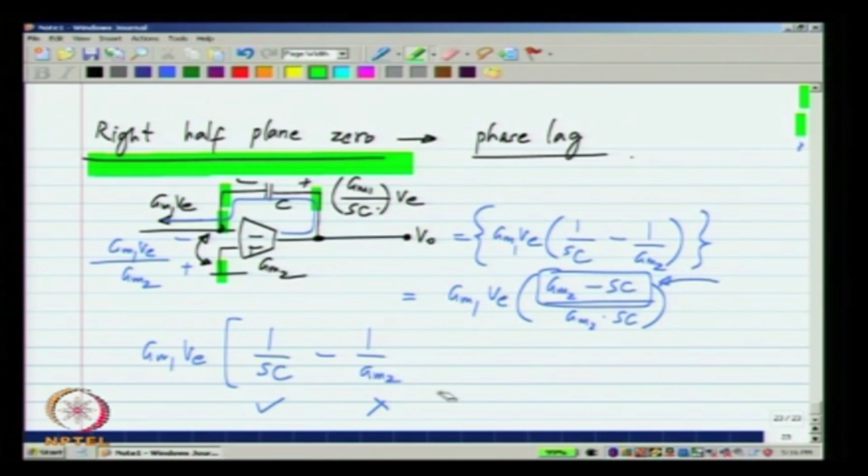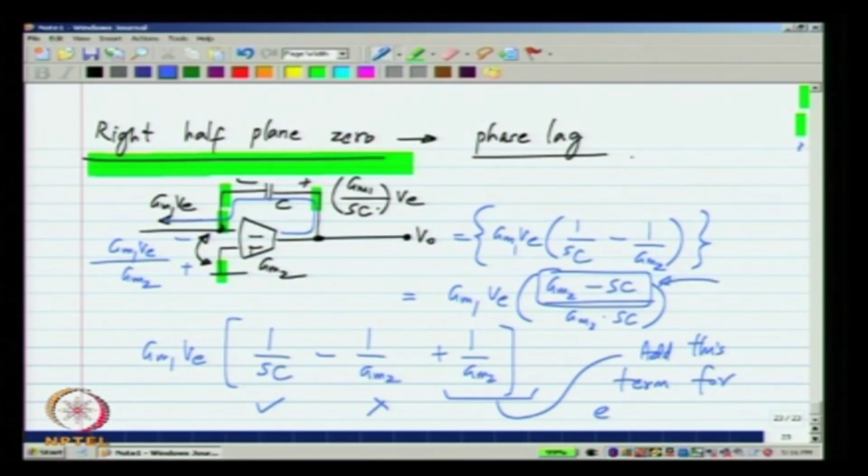We have to add plus 1 over GM2 in some way or the other. So, we have to add this term for eliminating the right half plane 0. If we do that, then this simply cancels with that and we will be left with only the integrator.